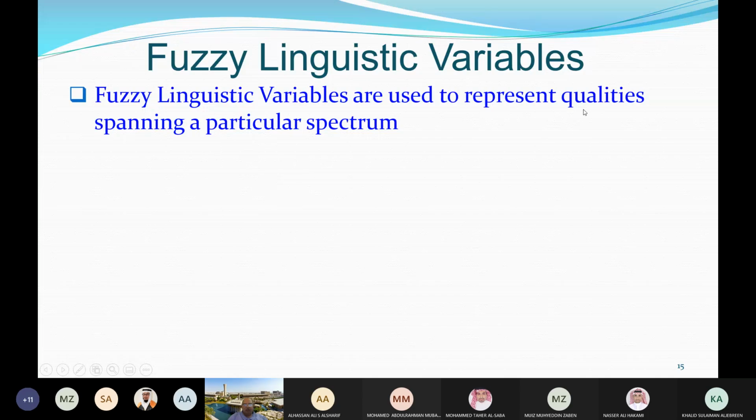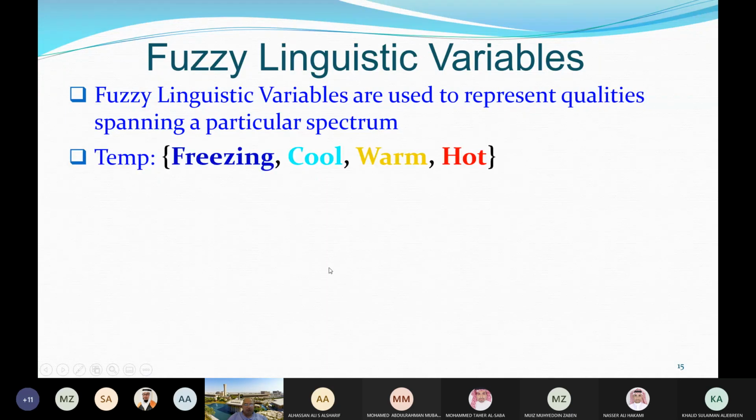Fuzzy linguistic variables are used to represent qualities spanning a particular spectrum. For example, temperature is a linguistic variable, and these are linguistic values. Temperature could be freezing, cool, warm, hot. So these are the values.